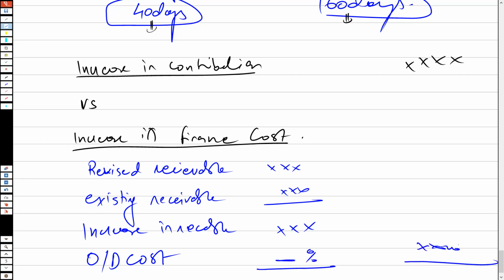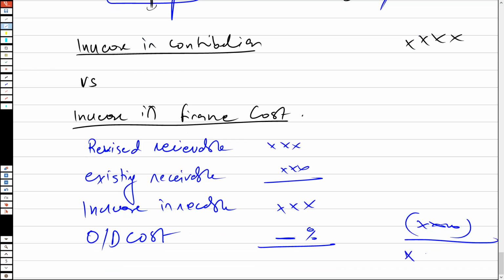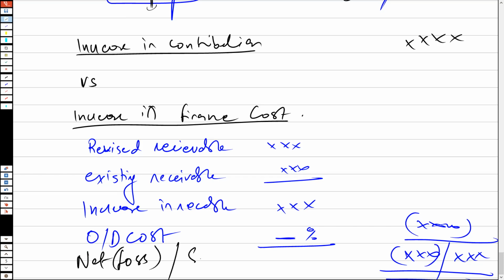Resultingly, you would compare it with the increase in contribution and arrive at the net loss or net savings. Ultimately, a receivable balance has to be impacted.